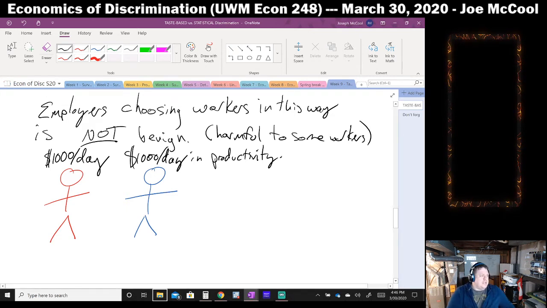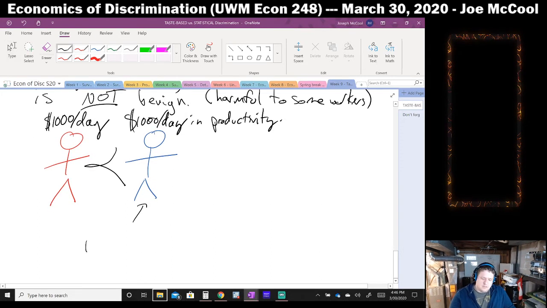And if the employer has some sort of a preference here, given that the employer knows that each of them will produce $1,000 worth of stuff a day, the employer will still choose the blue person every time. Employer prefers blue. This is taste-based discrimination.